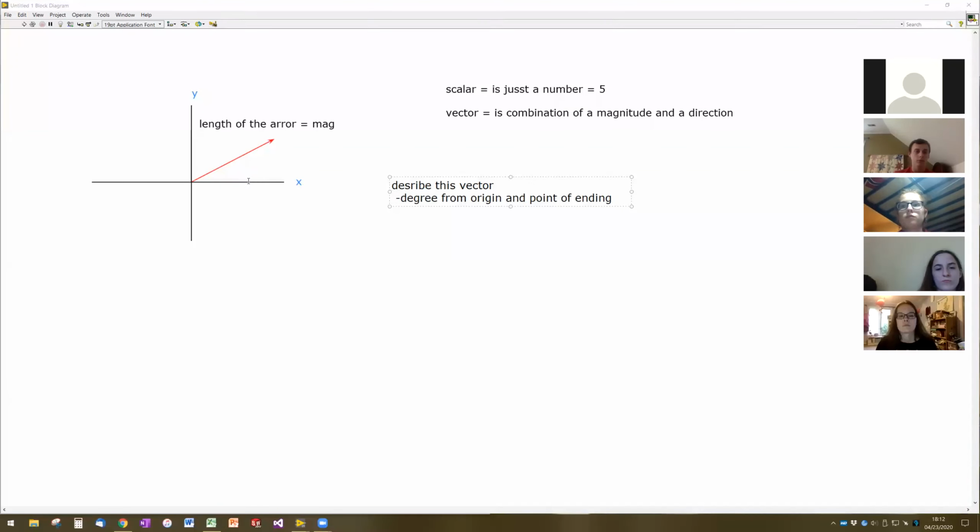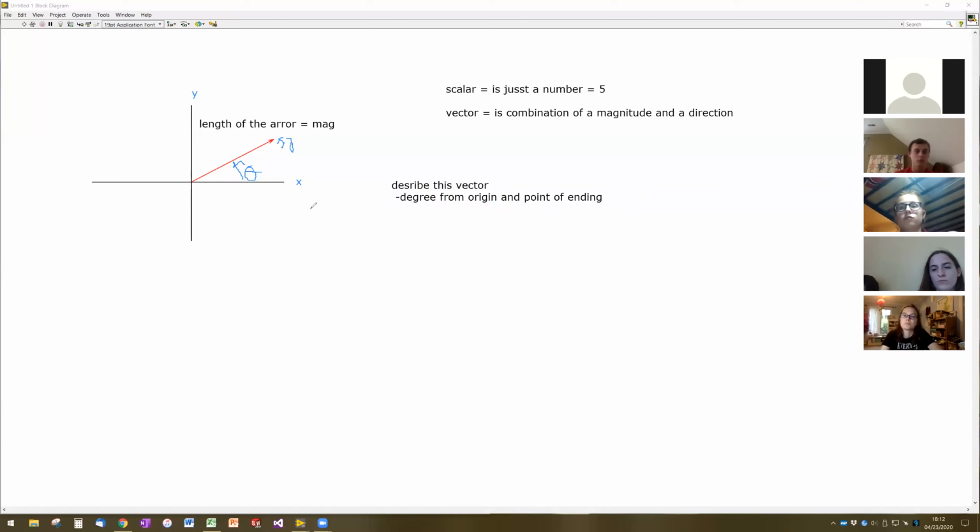Just to clarify, Alex, that would be if we took this degree from origin, like this one here, and then when you say the point of ending, do you mean like the coordinates of this point out here at the end of the vector? Yeah. Okay. So that would certainly work.